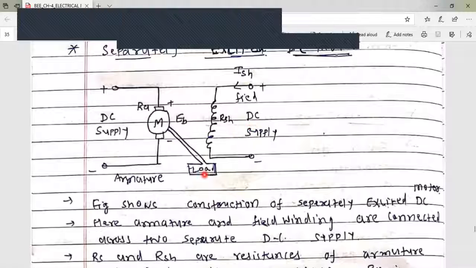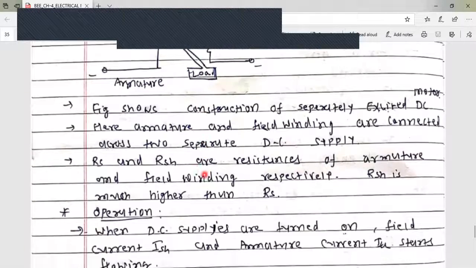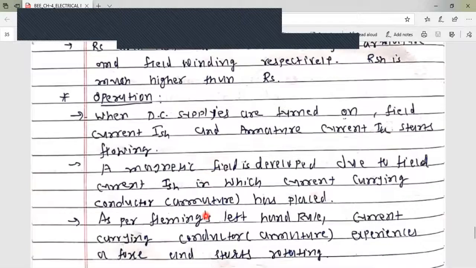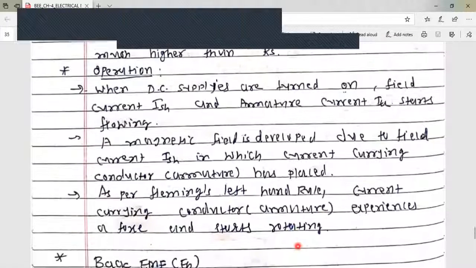One of these is connected to the load. When the DC supply is turned on, the field winding has field current and armature current IA starts flowing. We have placed the armature in the magnetic field developed by the field winding. As per Fleming's left-hand rule, the armature experiences a force and starts rotating.